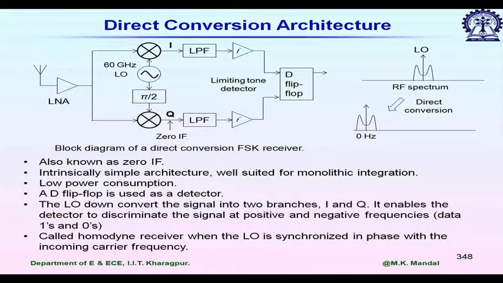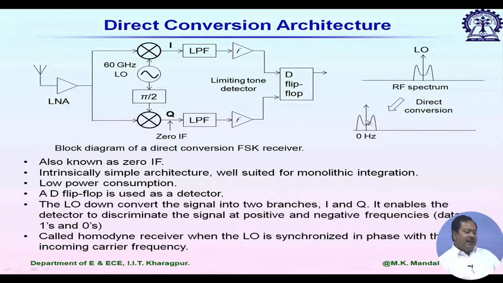Next is direct conversion architecture, sometimes called zero IF. Here F LO has the same frequency as F RF. If the LO spectrum is given by this, then after multiplication it is directly converted to DC, the intermediate frequency.